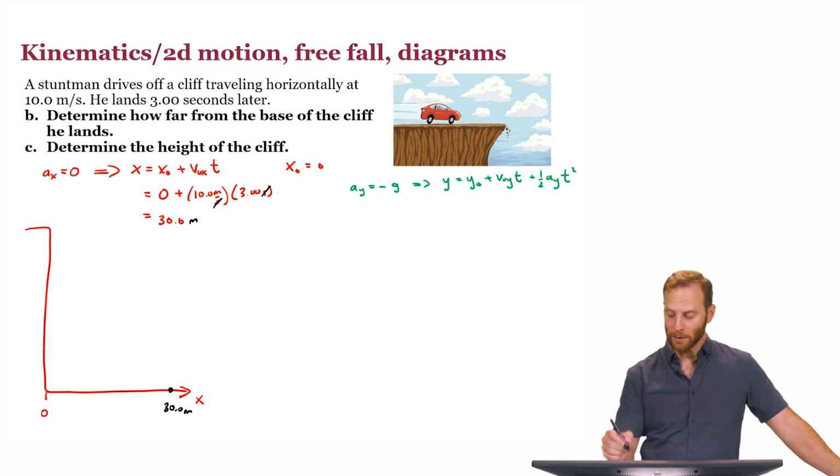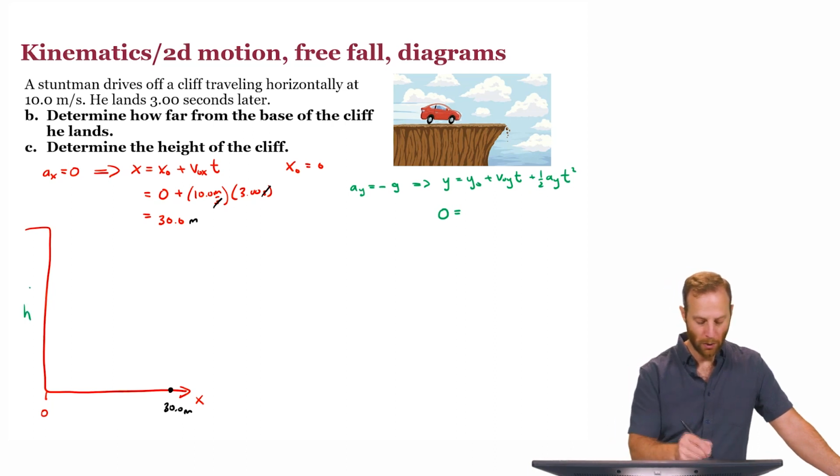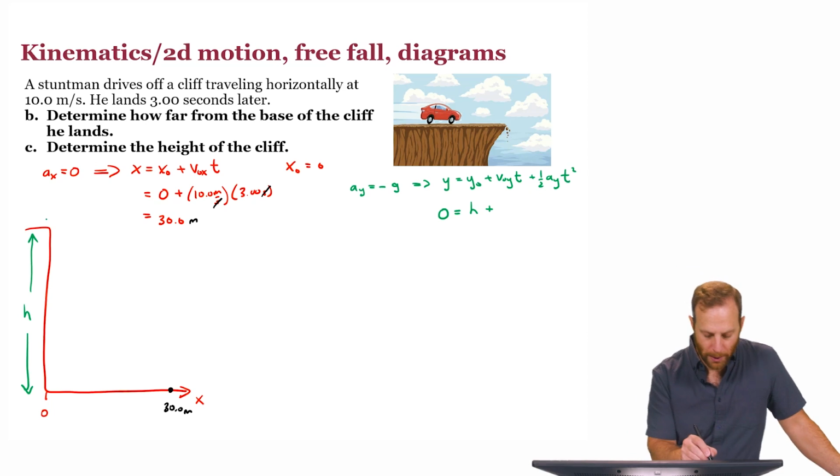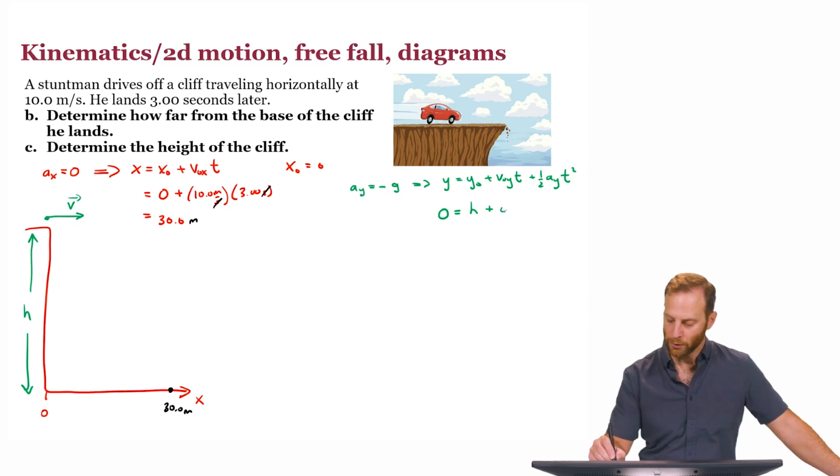When it lands, it has a final y position of 0. Where it started was the initial height, which we can call h. It started off with 0 velocity in the y direction because that velocity was pointing purely horizontally. So this is 0 times t. And then we add to that 1/2 times minus g times t squared.